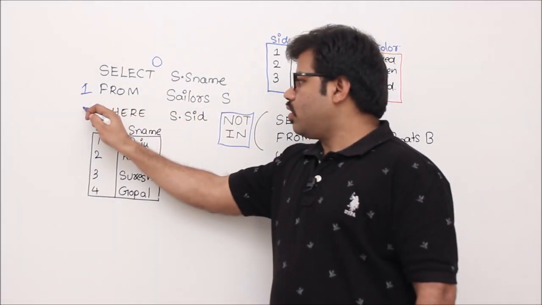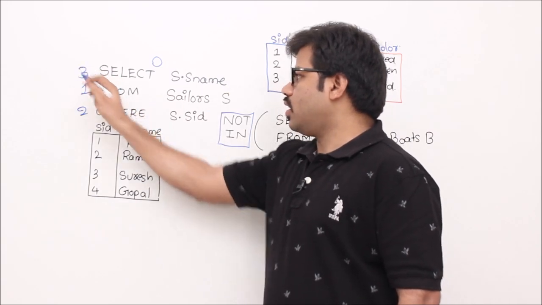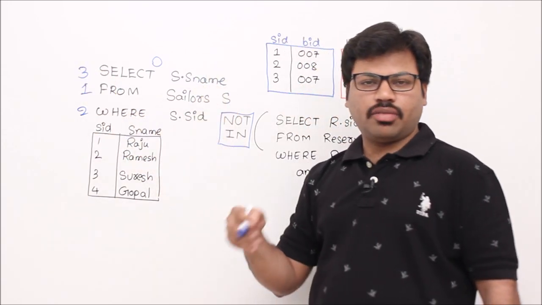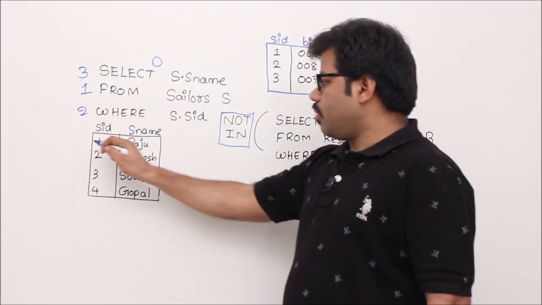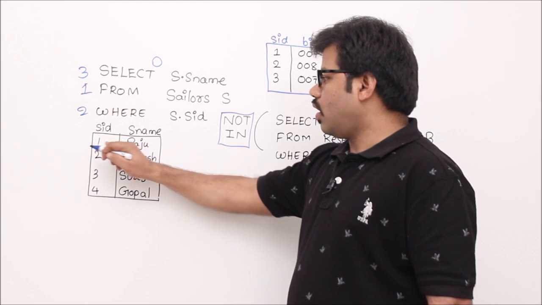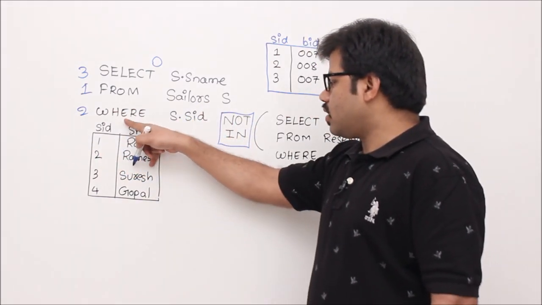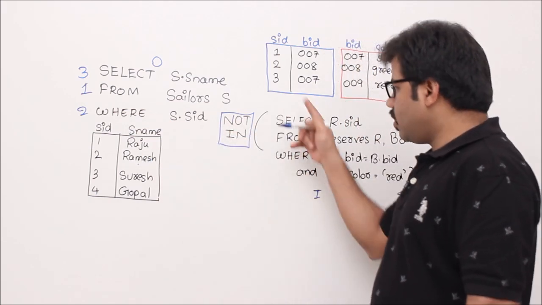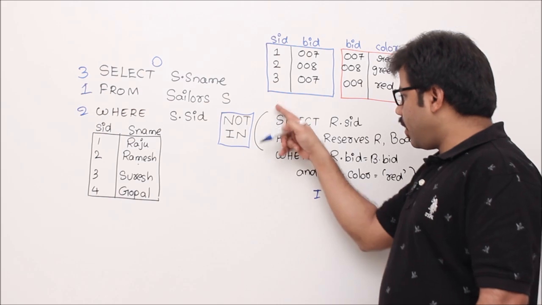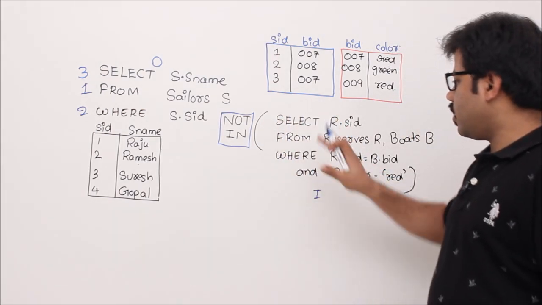Take every outer query tuple, that means every sailor's tuple, and evaluate the where condition. First, take Raju with SID 1 and apply this condition. But s.sid not in this one means the where condition depends on the right side query, correct? That's why we have to evaluate this query.